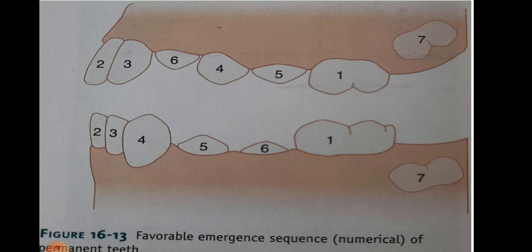Whereas in the mandible, first it is the first molar, second the central incisor, followed by the lateral incisor, canine, first premolar, and then the second premolar. This is the favorable eruption sequence of permanent teeth.